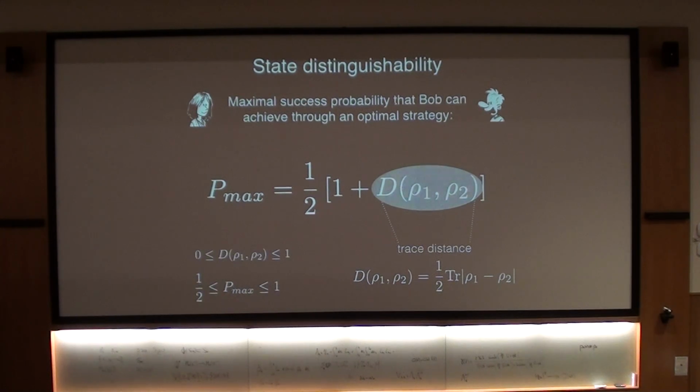And the first proposal exactly uses trace distance to quantify non-Markovian information flow. The obvious properties of trace distance are that it is always defined between 0 and 1, and when the trace distance is 1, the states are maximally distinguishable, this is when they are distinct.